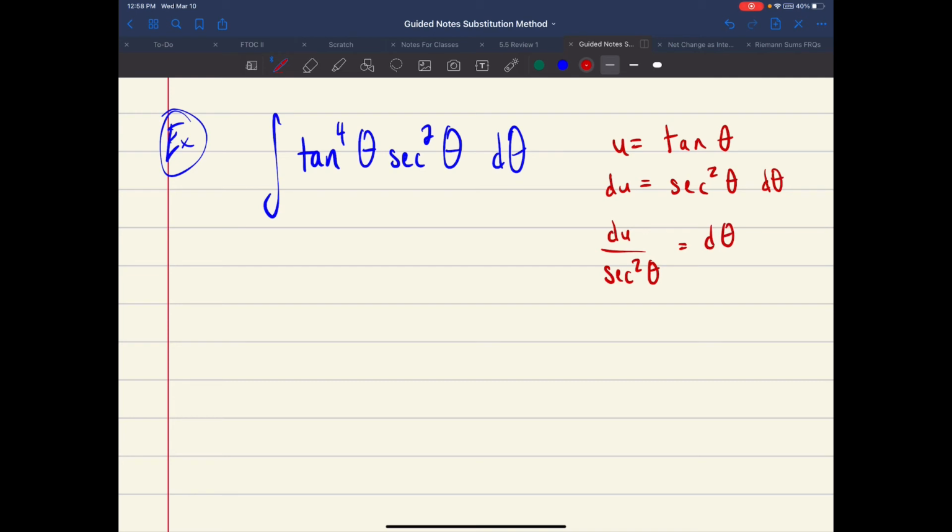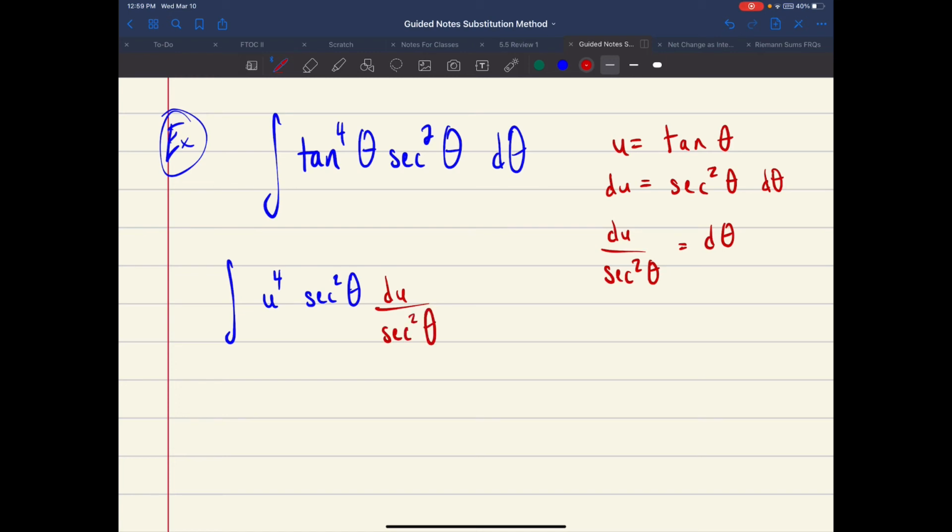So let's make the substitution. u is tangent, so this is now the integral of u to the 4th times secant squared theta d theta. Actually, no, let's replace d theta with that. So d theta is du over secant squared theta.